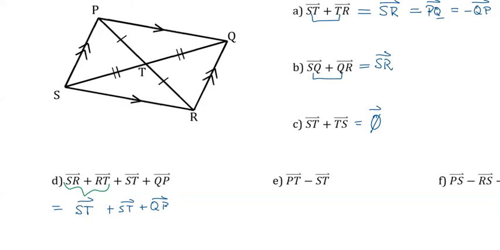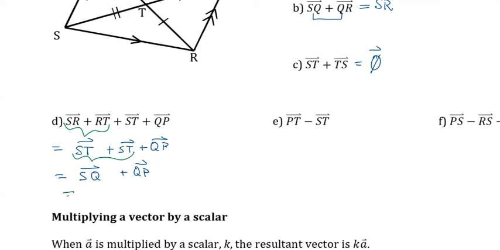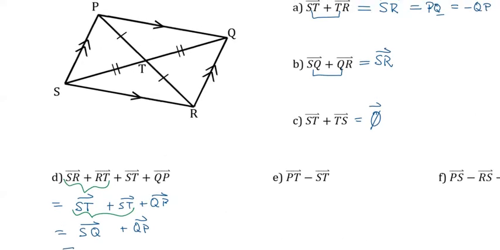Everybody okay? What did we say when we said subtracting vectors? It's easier to add the negative. So PT plus negative ST, but how could I write negative ST? That would be better.